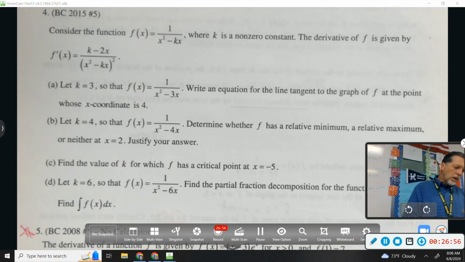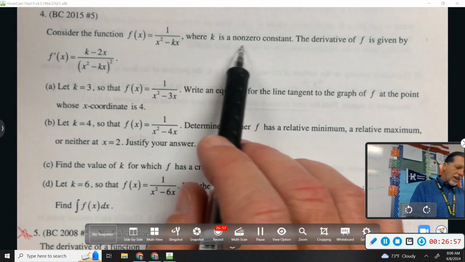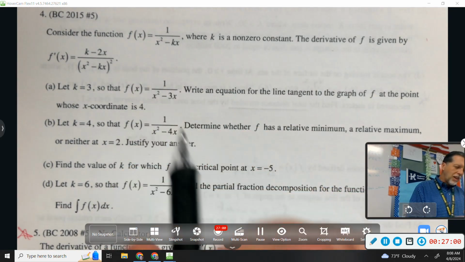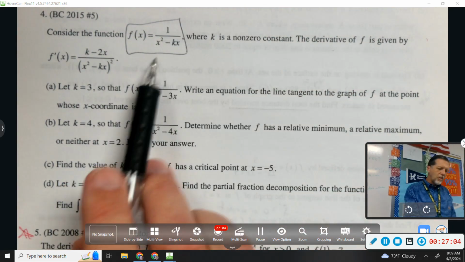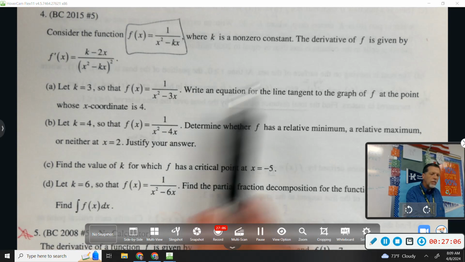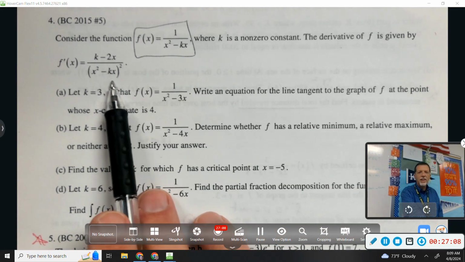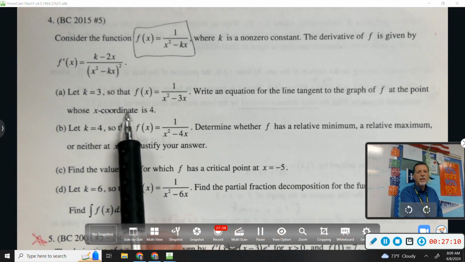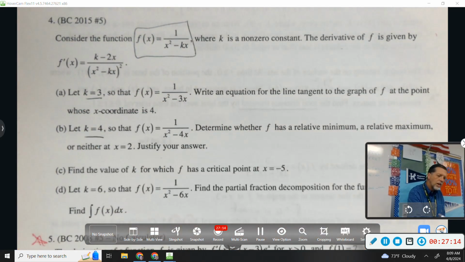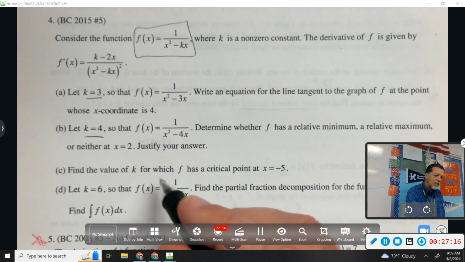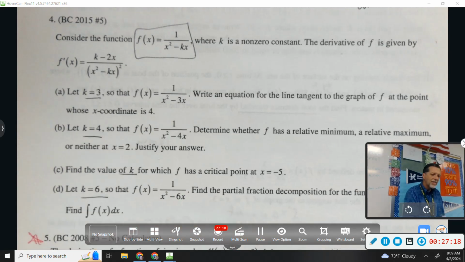Number 4, this one's kind of interesting because they start out with this formula and then they ask you questions. Well, first they just give you the derivative, so that's kind of nice. You didn't have to take it on your own. And then they ask you questions if k is 3, if k is 4, find k, and then k is 6.